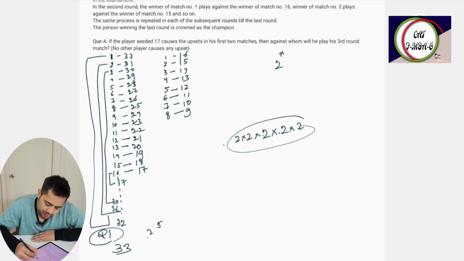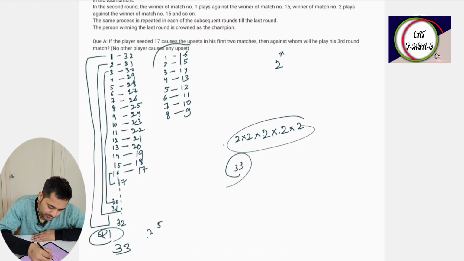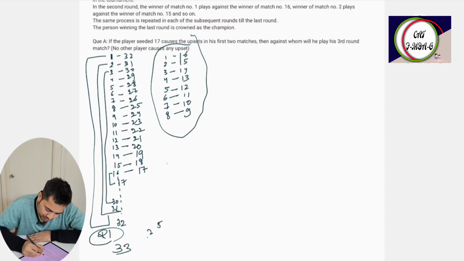Let us say if there are 33 teams, one team will not play. It will be directly promoted to the next round until these kinds of sets are formed. So if an odd team is there, one team will be left out. Okay, so this is round 2. And in round 2, the total number is 17.